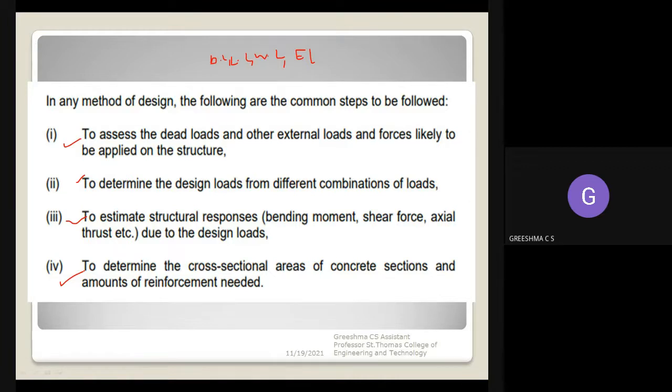If it is a column, you have to find out the dimension of the column. And also you have to find out the steel reinforcement that is required.